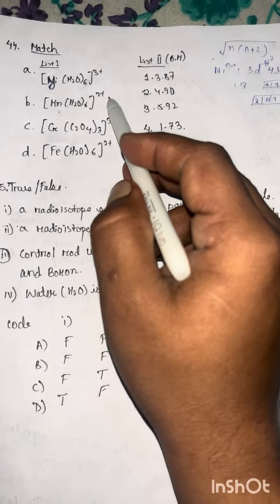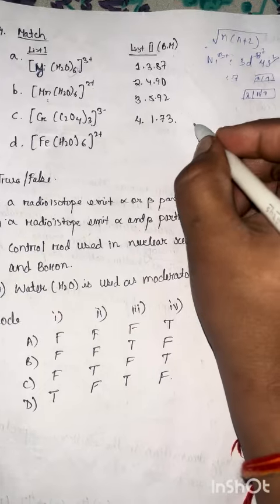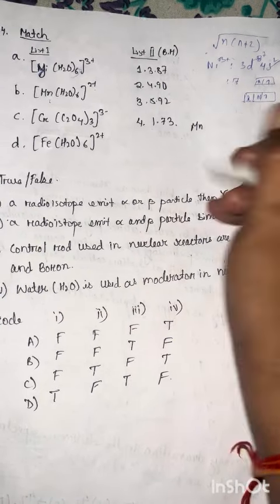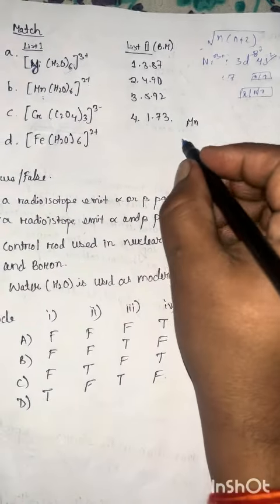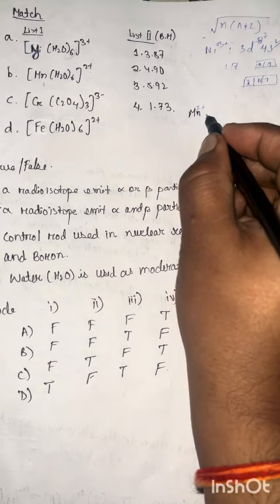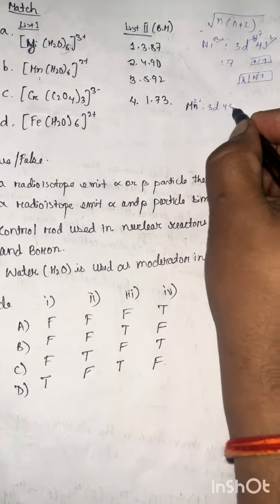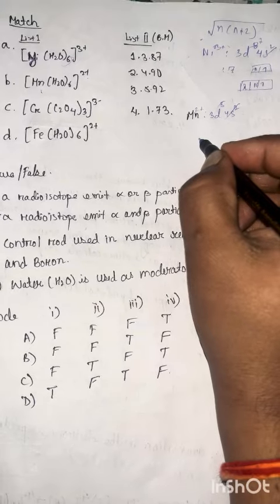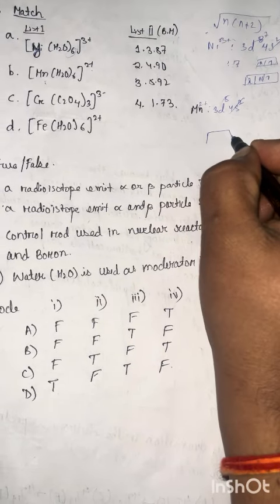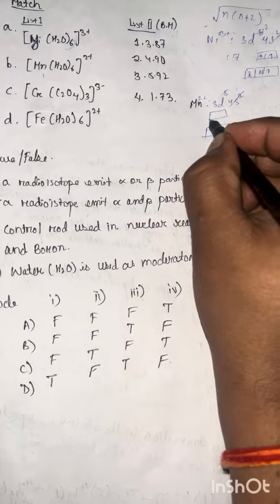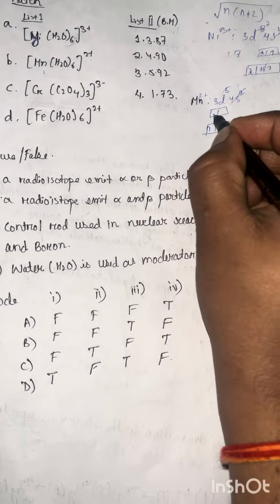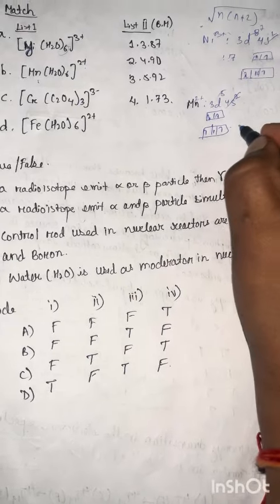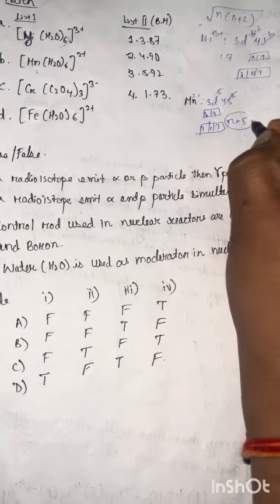Mn2 plus means 3d 4s2, then 3d5. Weak field ligand, no pairing, right? 1 2 3 4 5, so the number of unpaired electrons n equals 5.